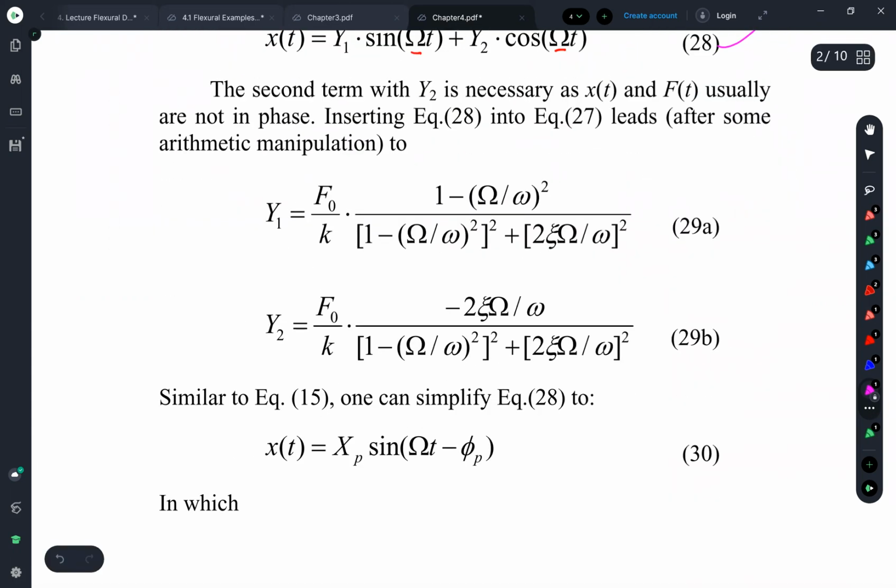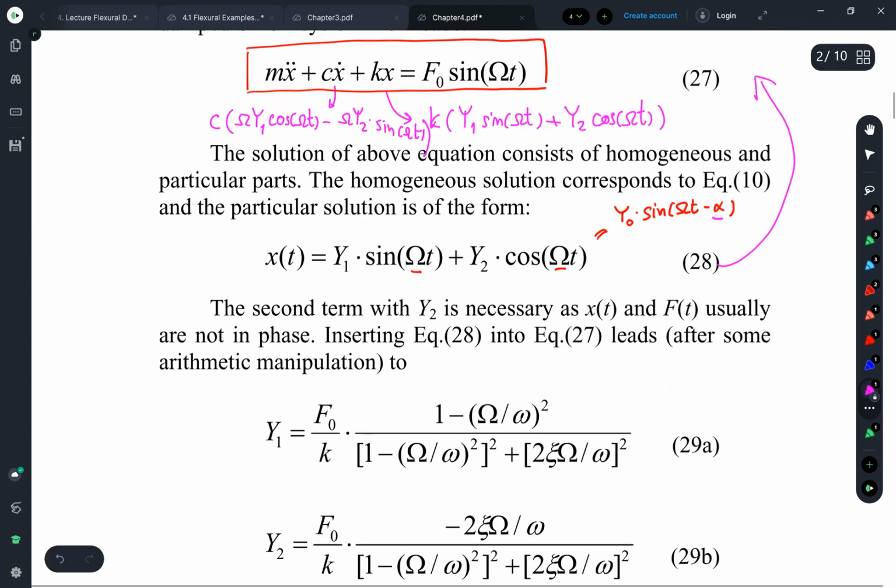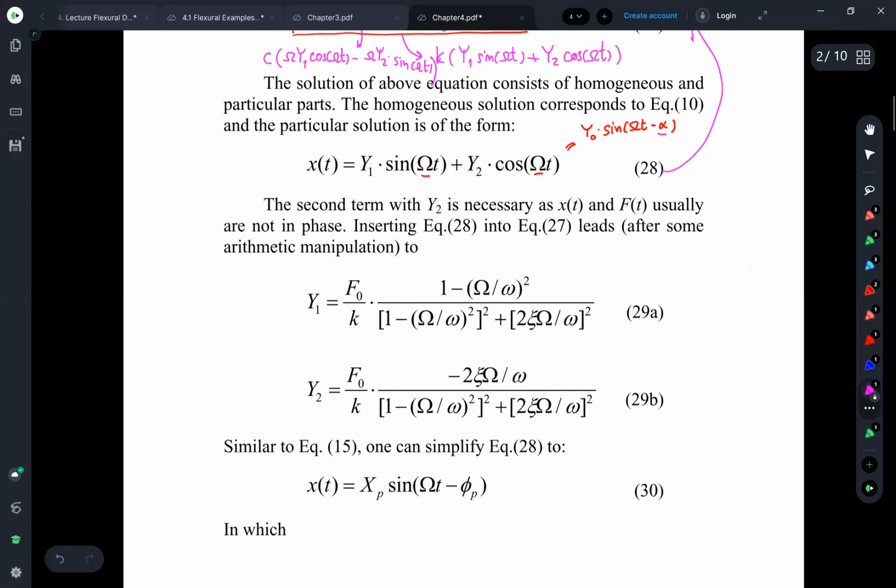But if you write down the solution of 28 by using number 30, it is now very easy to answer. If you ask me what the maximum displacement of the building is, I would say it is big X sub P, just the coefficient, because we know that the sine term returns something between 1 and -1.